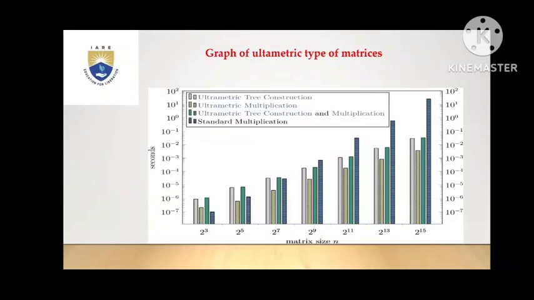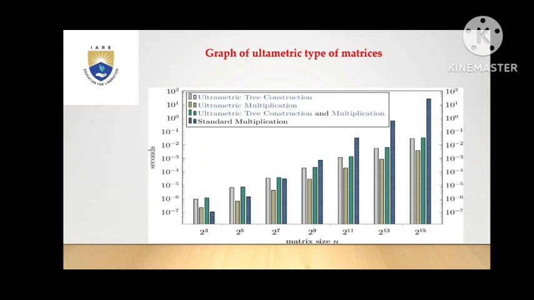Here is the graph of ultrametric type matrices. On the x-axis we have matrix size n, and on the y-axis we have seconds. Matrix sizes are 2 to the power 3, 2 power 5, 2 power 7, 2 power 9, 2 power 11, 2 power 13 and 2 power 15.